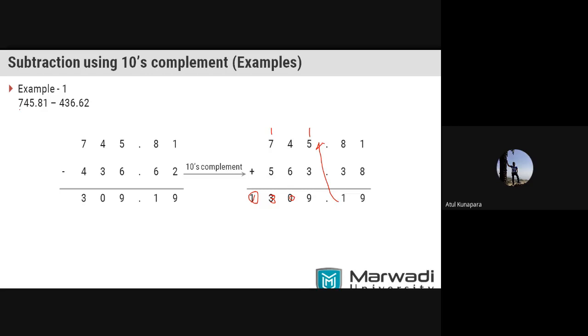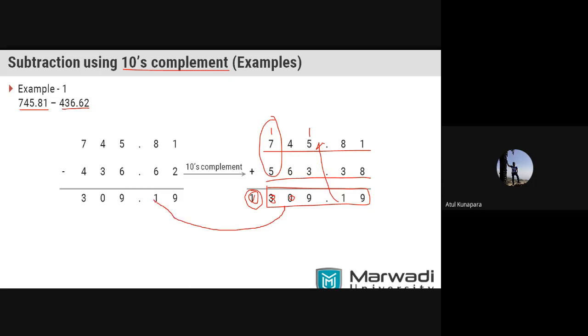Whenever you are performing the subtraction, larger number minus smaller number using 10's complement method, in the summation of your given number and the 10's complement number of the minus value, you will be getting one carry extra when you are adding the last MSB digit. So whatever carry you are going to obtain, you just need to ignore that, means you don't consider that. Without the carry, whatever summation is coming here, that is your actual answer.